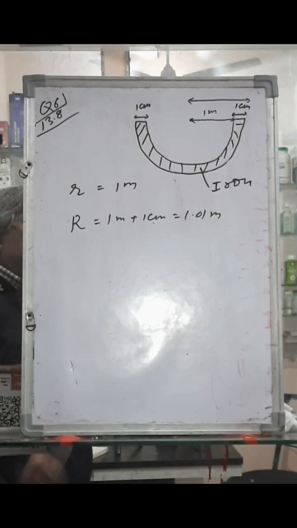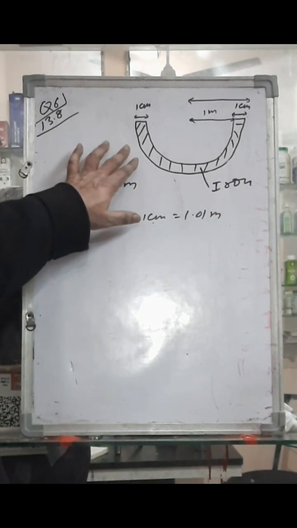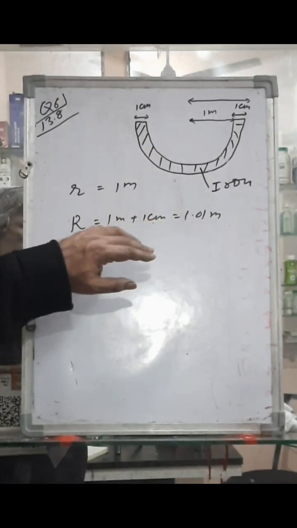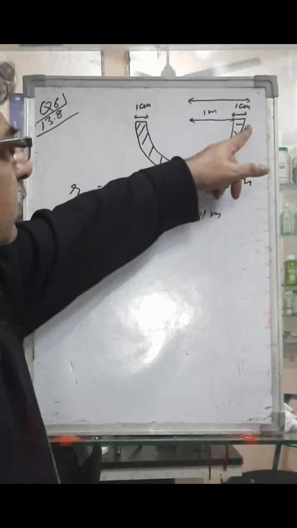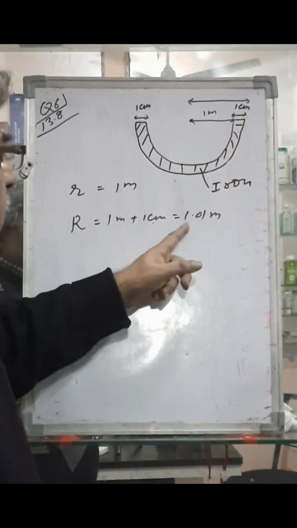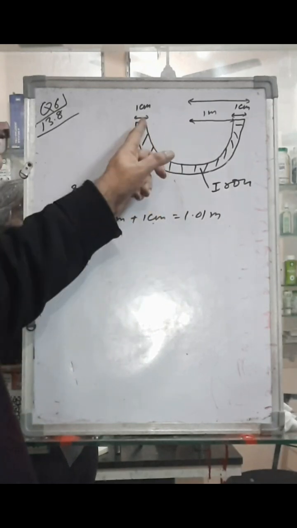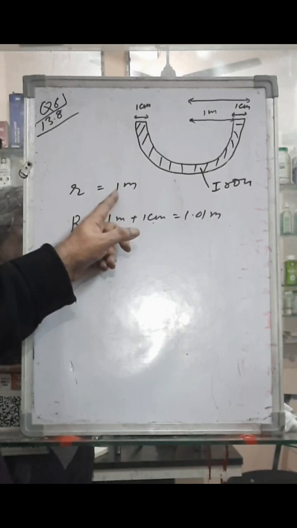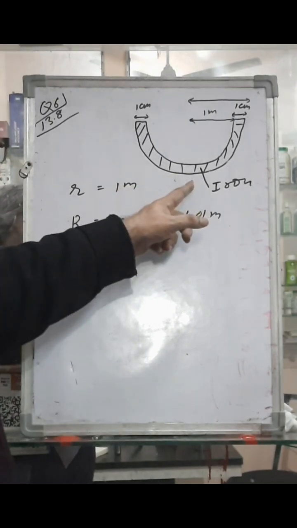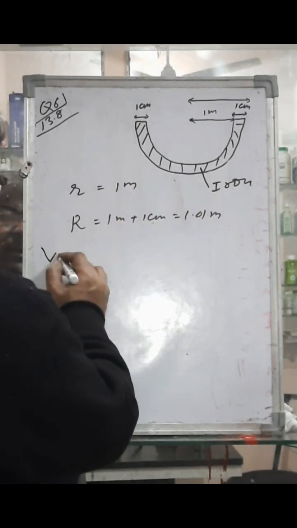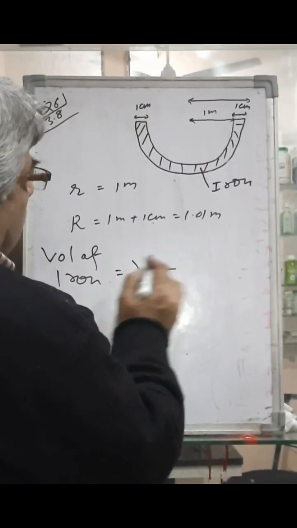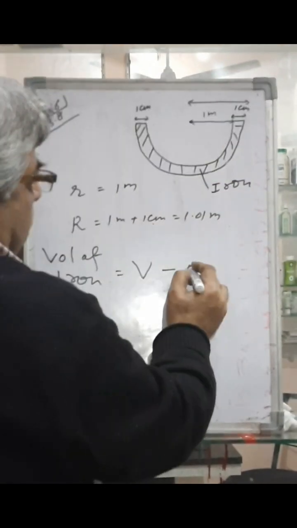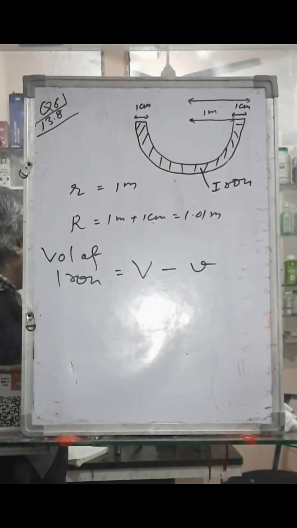So, we have two hemispheres. This one outer hemisphere whose radius is 1.01 meter, and one inner hemisphere whose radius is 1 meter. And the volume of the iron would be equal to the volume of the outer sphere minus the volume of the inner sphere.